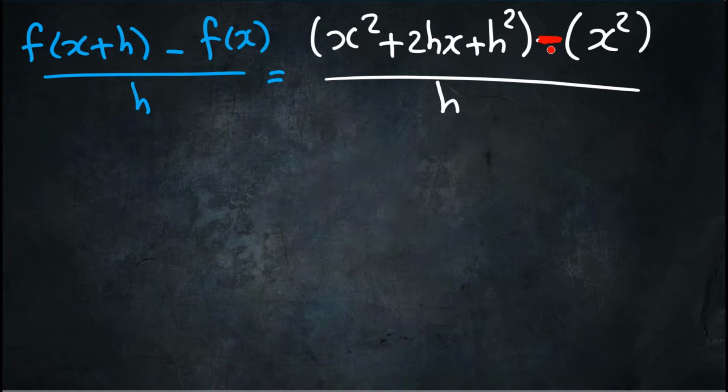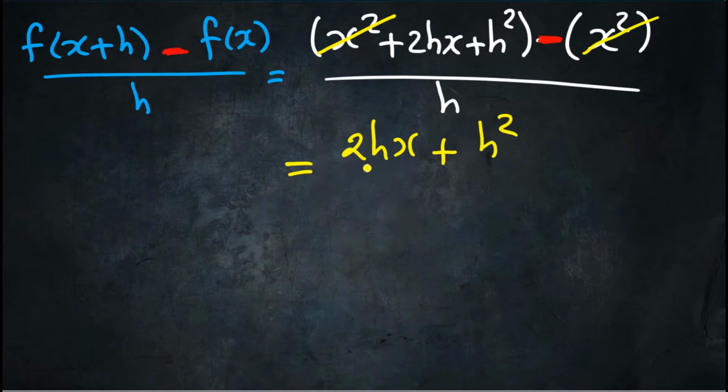This is a minus, right? We have x squared minus x squared. These two terms cancel, and we're left with 2hx plus h squared on the top over h on the bottom.